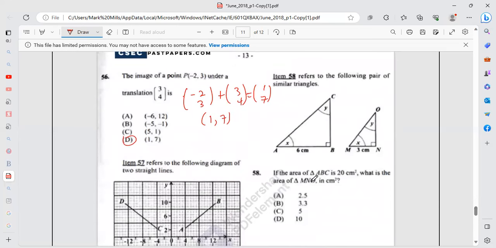Okay, so for this one now, right? They give you the area, this is the area of the image, right? This is 20 centimeters square, and they want you to find the area of this one here. So first of all, you are going to start with the formula for the area of an enlargement. The area of the enlargement is equal to k squared times the area of the object.